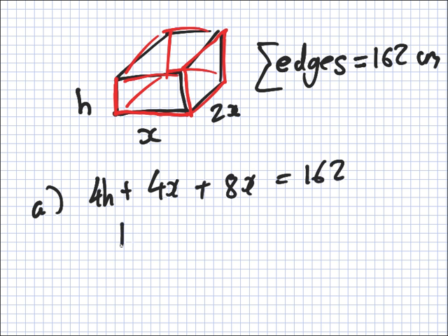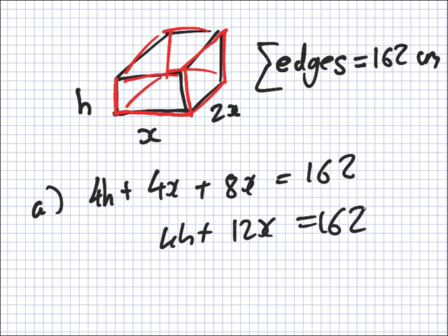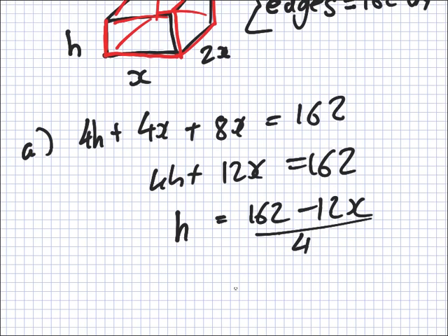If I add my x's together, I get 12x. I'm looking for h, so h equals 162 minus 12x over 4. I can divide everything by 2, so that's 81 minus 6x over 2. That's the answer for part A.